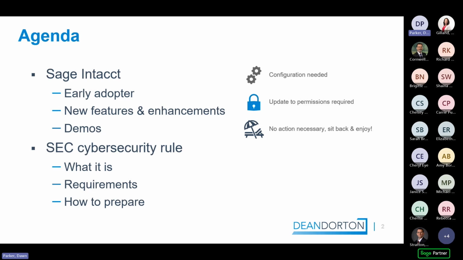The first one is the little gear icon, and that means to enjoy that new feature, there's some configuration needed. Then you'll see the little lock icon, and that means that some permission changes are needed. And then you've got your lounge chair and your umbrella. That means you can sit back and enjoy, and you already have that feature and there's nothing needed. So just take note of those icons as we go throughout the presentation.